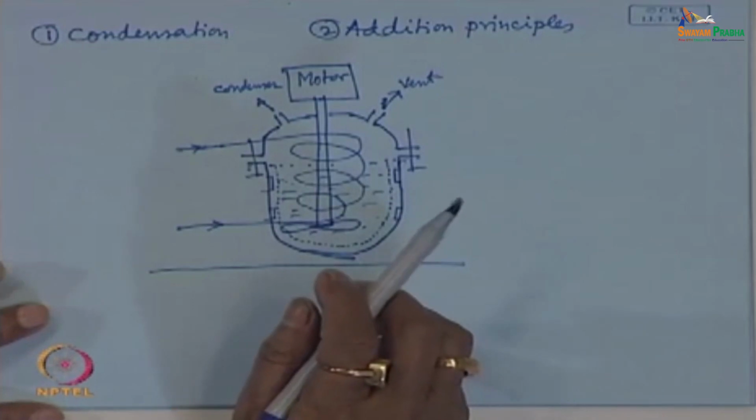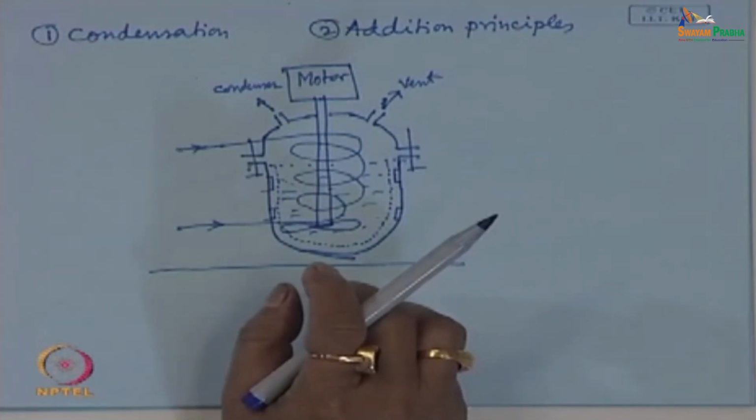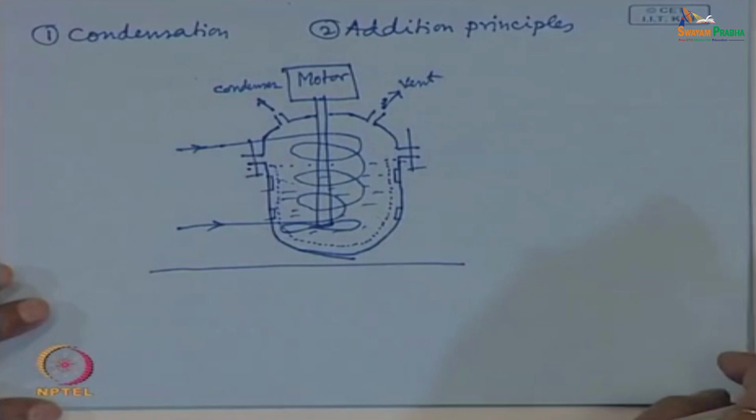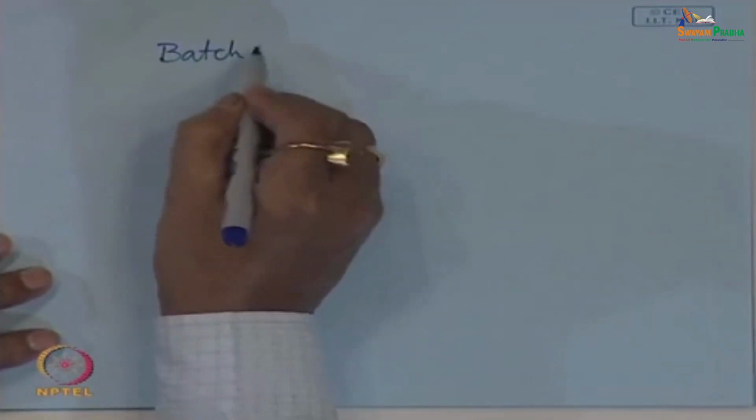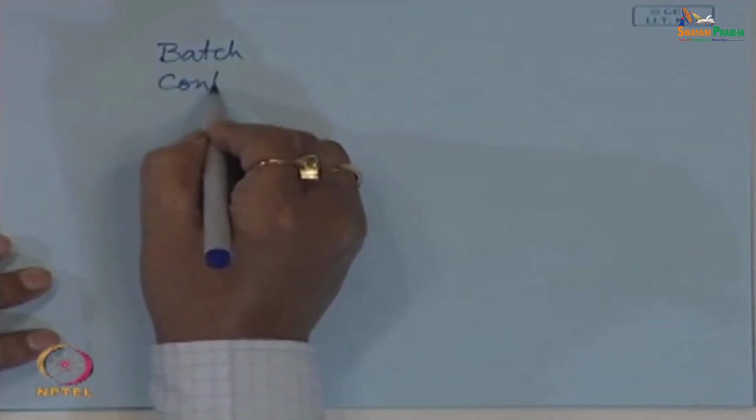Now, we are going to discuss bulk polymerization, say batch type bulk polymerization and continuous type. Now, batch type, you may not know what batch type is. Polymerization or chemical manufacture, both can be carried out by batch process or continuous process.